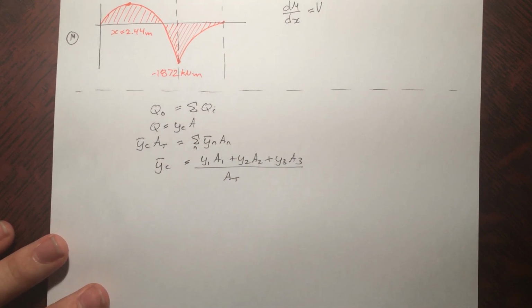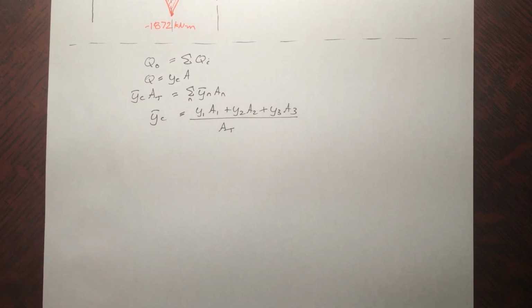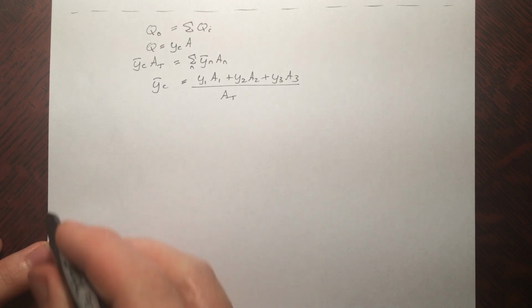Alright, so now it's just a matter of finding these variables and solving them. So if you check out one of my other videos, one of my bonus videos, I talk explicitly about finding the centroid, and I explain how I do that. And I'm just going to quickly run through it here, and I'm going to use a table just to keep everything straight.